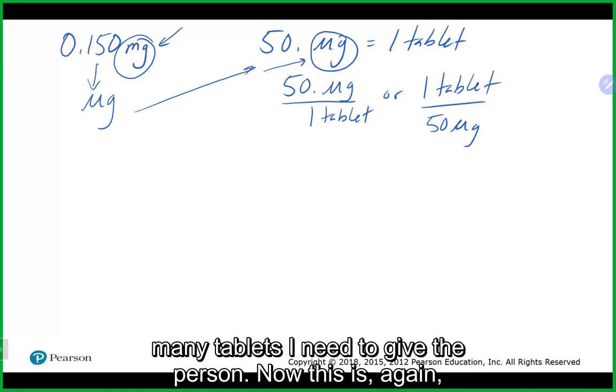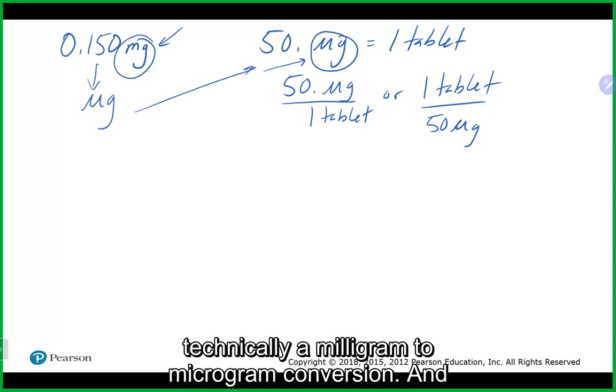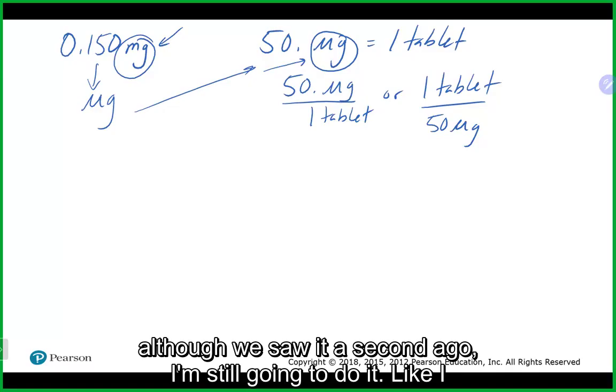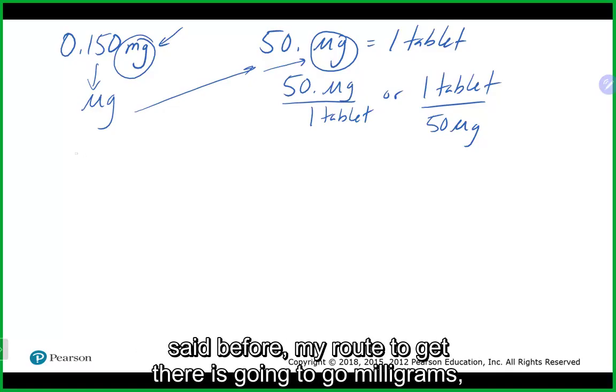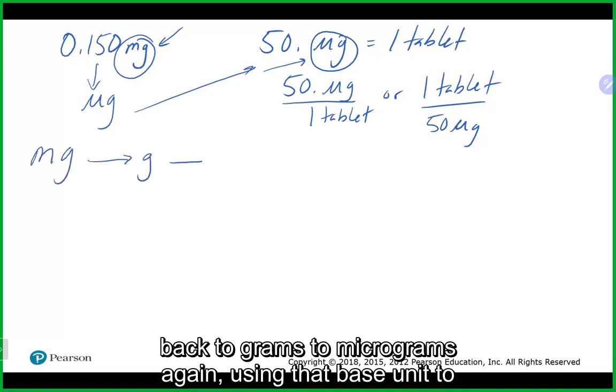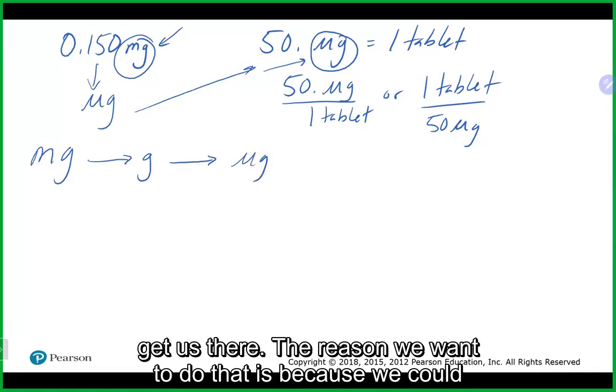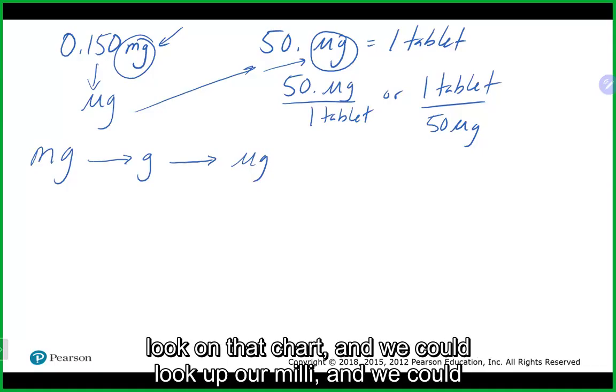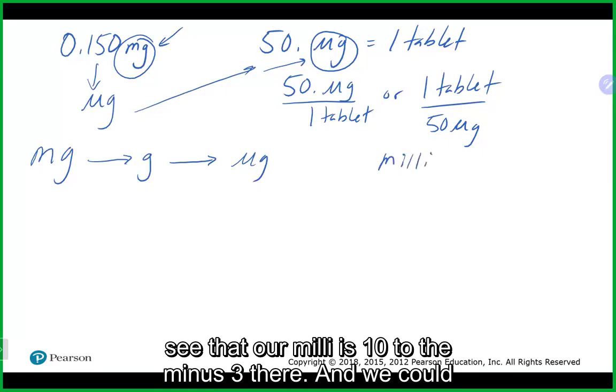Now, this is, again, technically a milligram to microgram conversion. And although we saw it a second ago, I'm still going to do it like I said before. My route to get there is going to go milligrams back to grams to micrograms, again, using that base unit to get us there. The reason we want to do that is because we could look on that chart and look up our milli, and we could see that our milli is 10 to the minus 3 there.